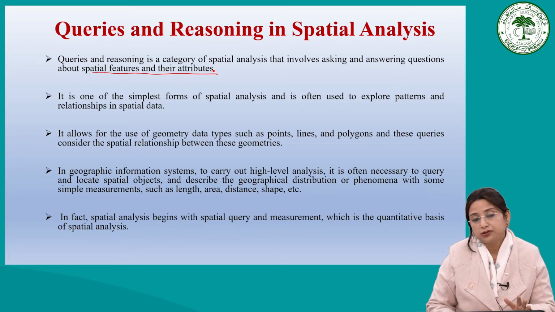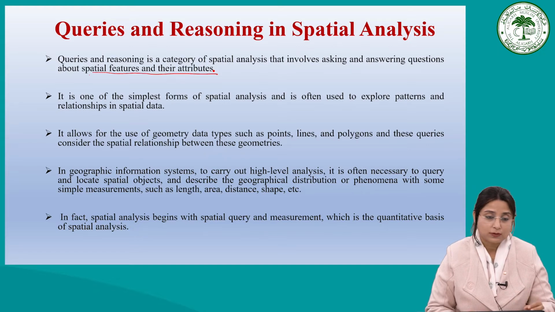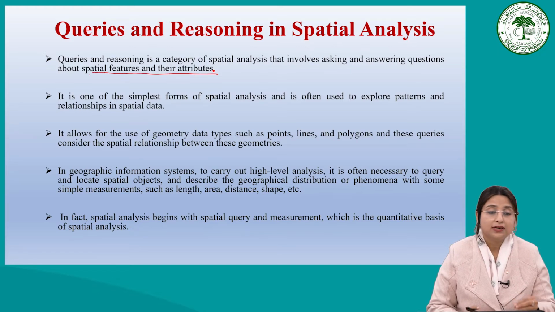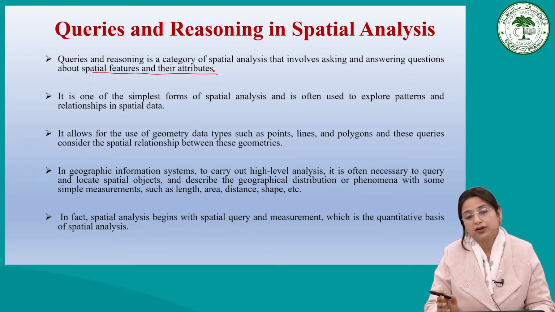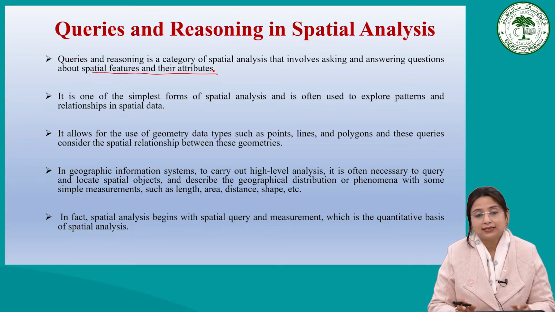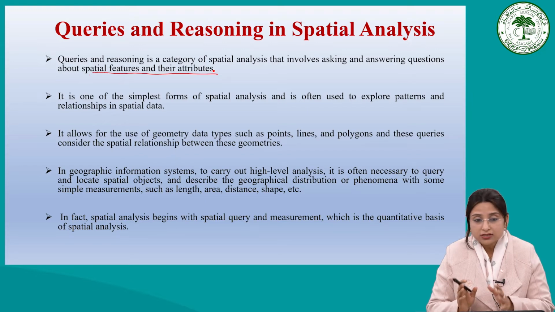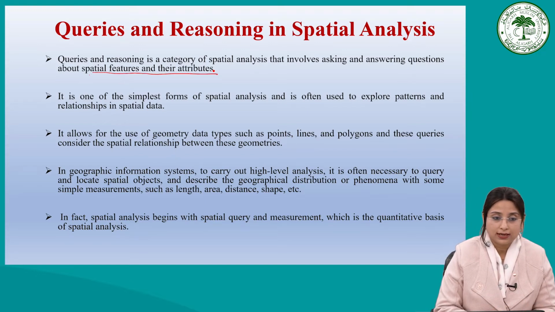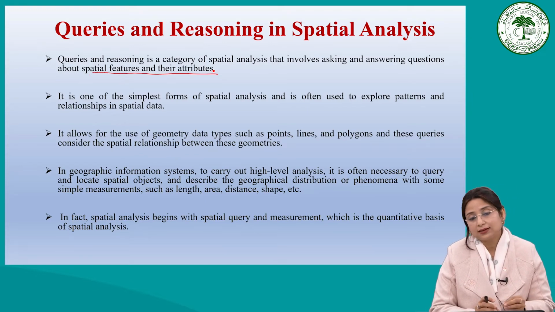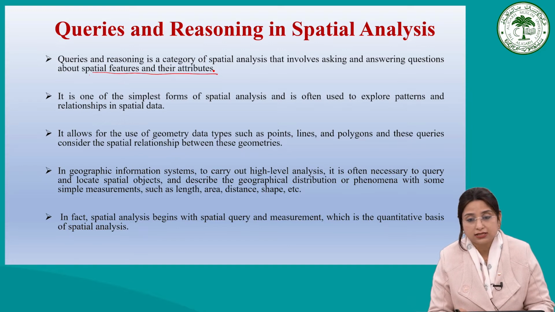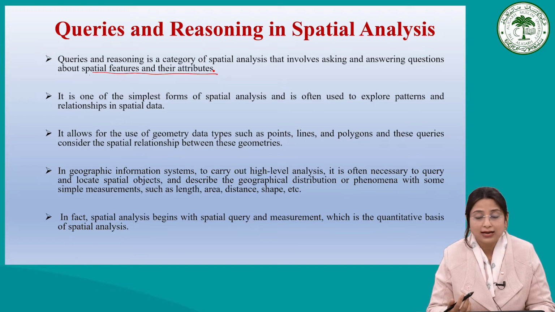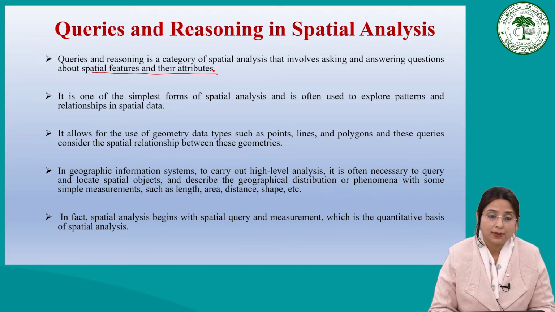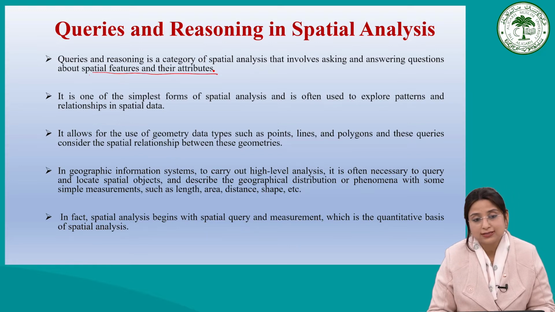Whenever we talk about vector data, it is spatial data pertaining to location. It may be point location, linear location, that is line, or area. And we may talk about raster data, that is the attributes, the characteristics of those vector data. So queries and reasoning is that type of spatial analysis in which we just ask and answer questions about different spatial features, entities and their characteristics.